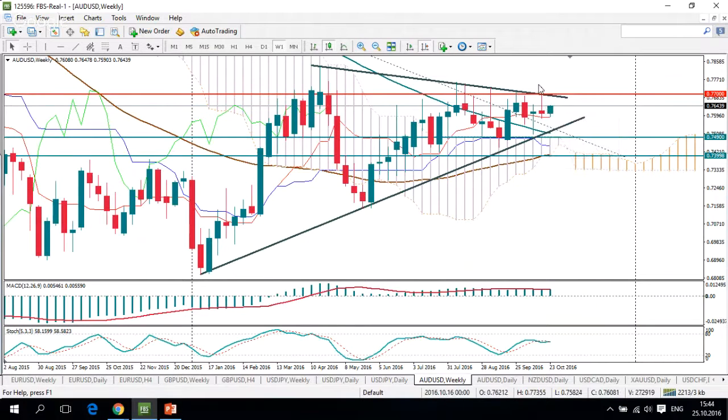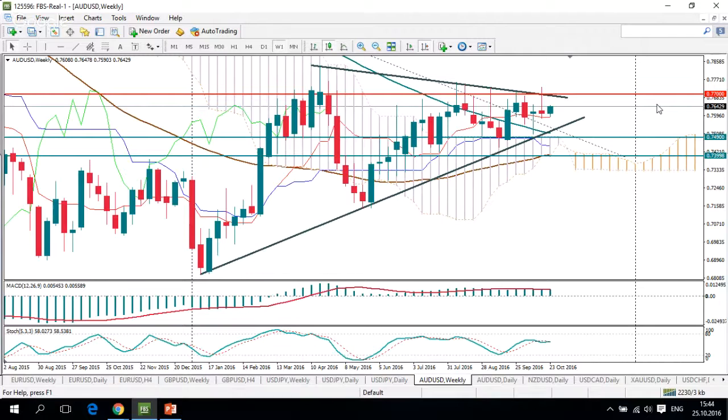Last week, the Australian currency tested levels above 0.77, but once again failed to stay higher and closed close to the 0.76 mark. This week, once again, we have an increase of the Australian dollar, and there is potential for the pair to once again reach this 0.77 mark.